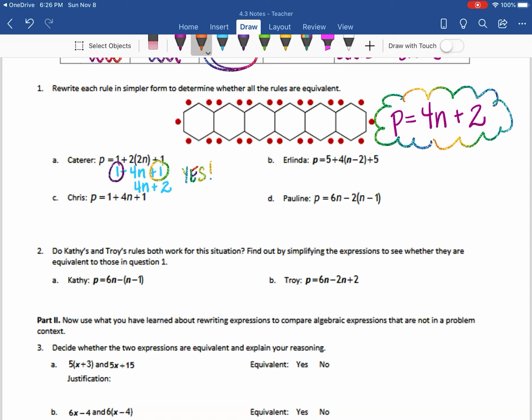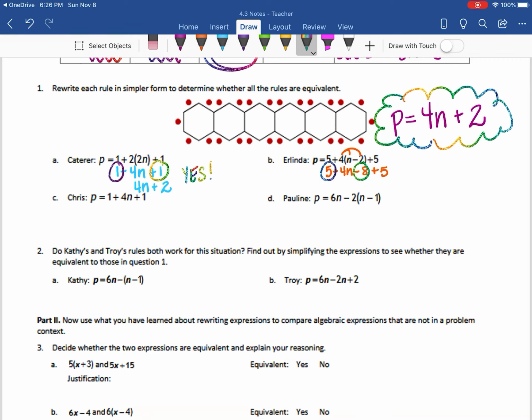Okay. Let's take a look at B. So for B, again, order of operations, we're going to do the multiplication first. This time we have to distribute. So I have 4n minus 8 because I'm distributing that 4. And then I still have the plus 5 on the end. So what can I combine?